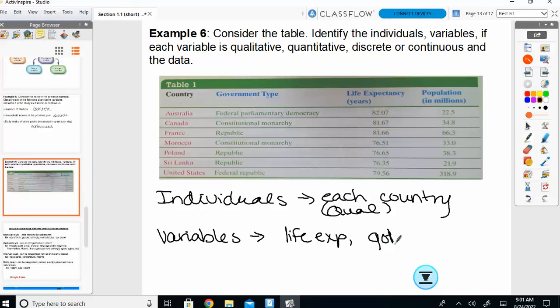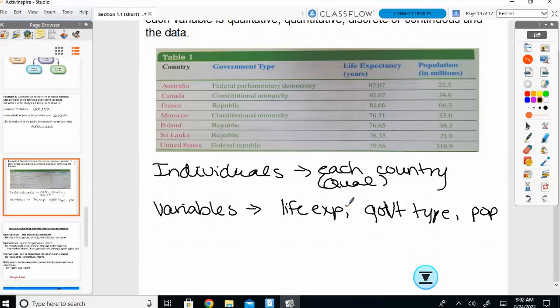And the population. 3 things that we're looking at. Life expectancy, is that qualitative or quantitative? Government type? Quantitative. Population.